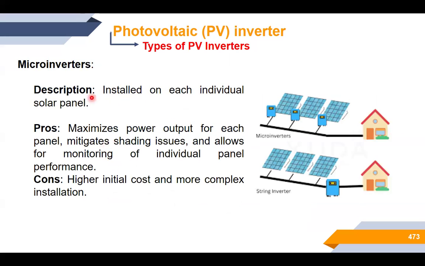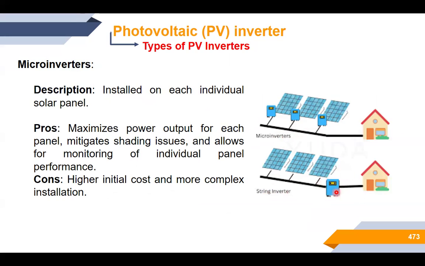We also have the so-called microinverter. As the name indicates, a microinverter means one inverter for each module. In these two topologies, we have the microinverter and the string inverter.